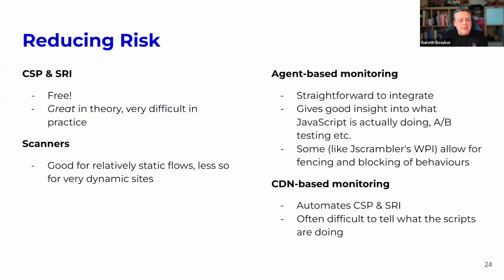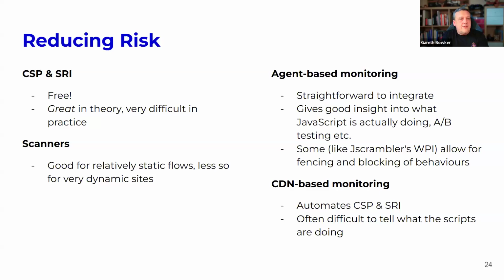If you've got a captcha, it becomes more difficult because it's very hard to programmatically handle captchas. If you have to have an item in your shopping basket before you can get to the checkout page and your stock is regularly turning over, you can't always just add the same item because it might be out of stock the next time and then you can't get to the payment page. So scanners can have some kind of rigidity built into them, but what's good with them as well is they're really, really quick to get going initially.